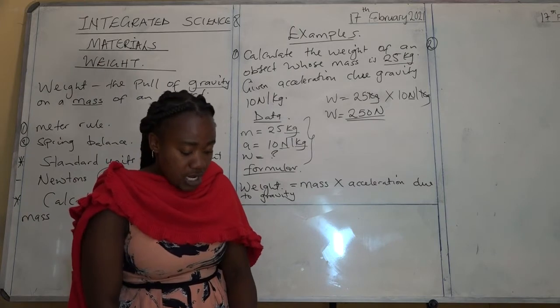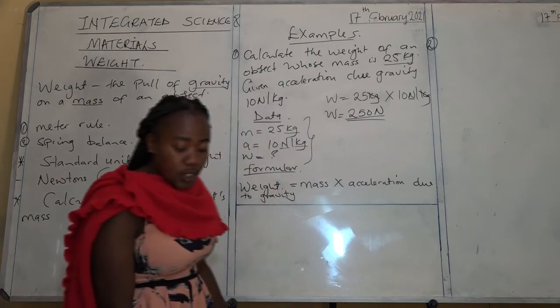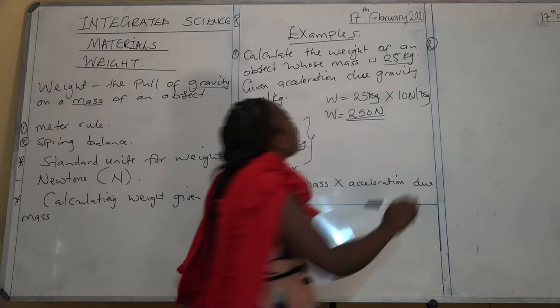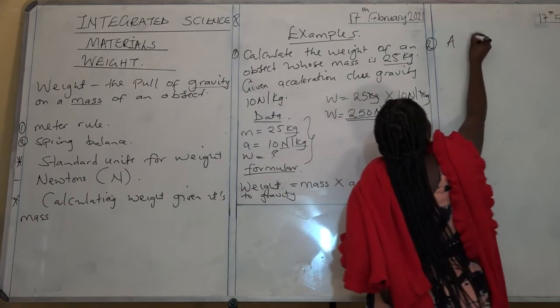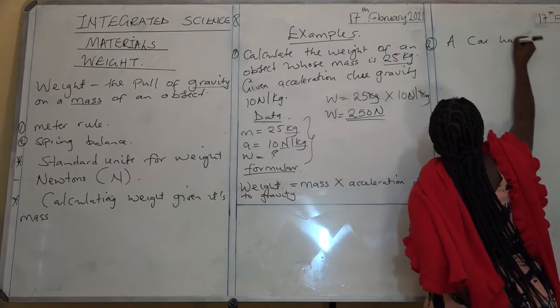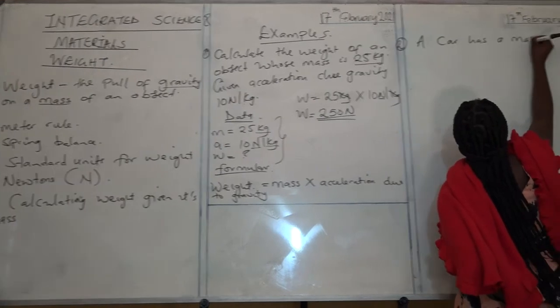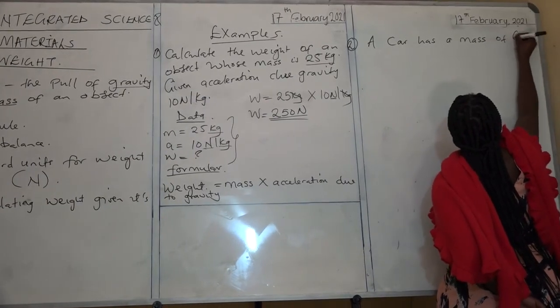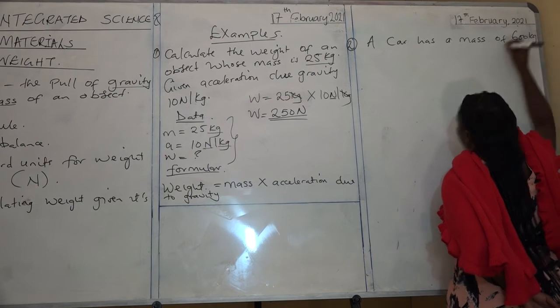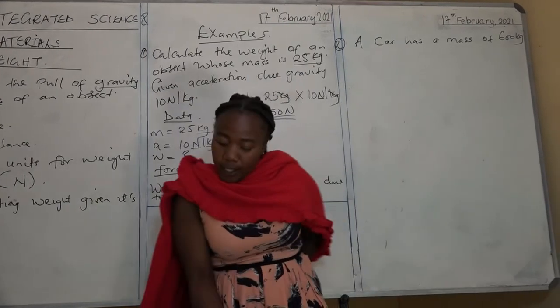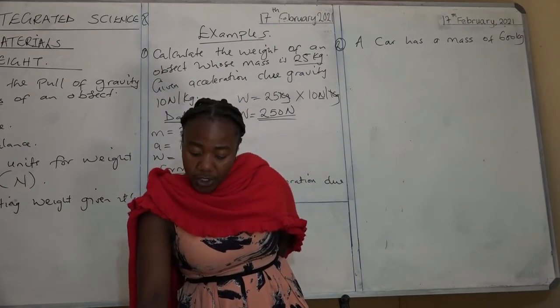Example 2 reads: a car has a mass of 600 kg.